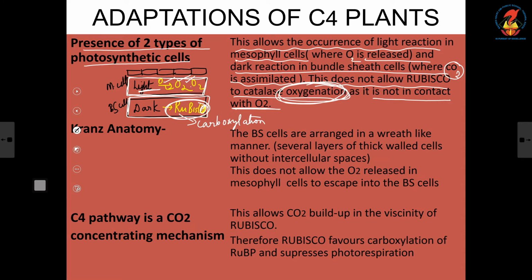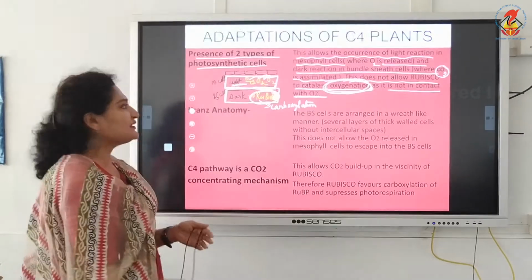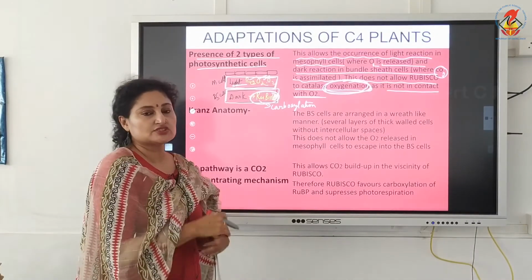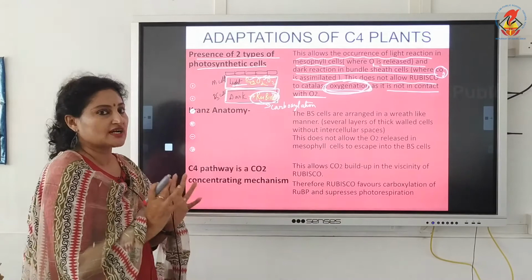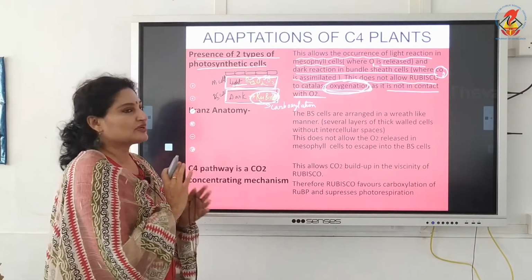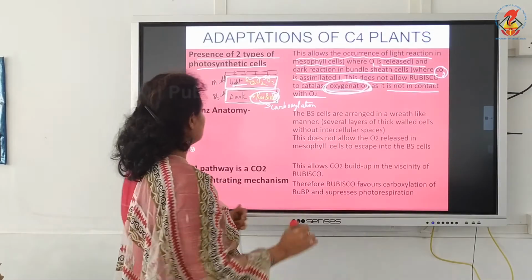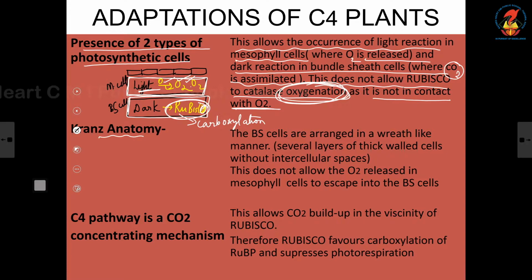The light reaction is occurring in a separate compartment, and dark reaction where Rubisco is present is occurring in a separate compartment. The product of light reaction is oxygen, and there is no chance of Rubisco to come in contact with it. So, photorespiration is 0.